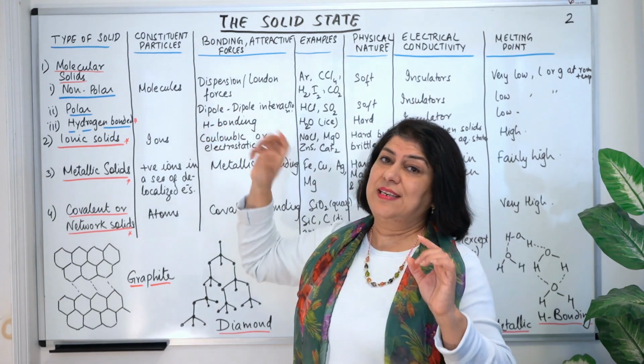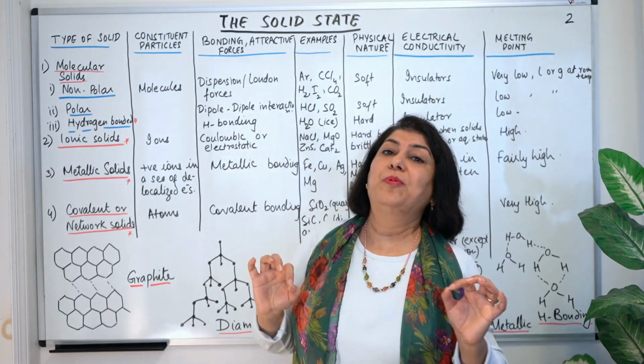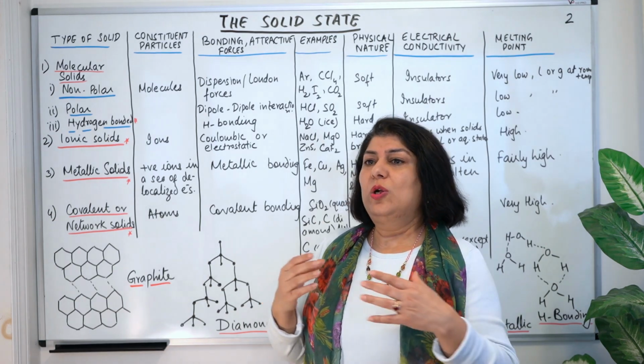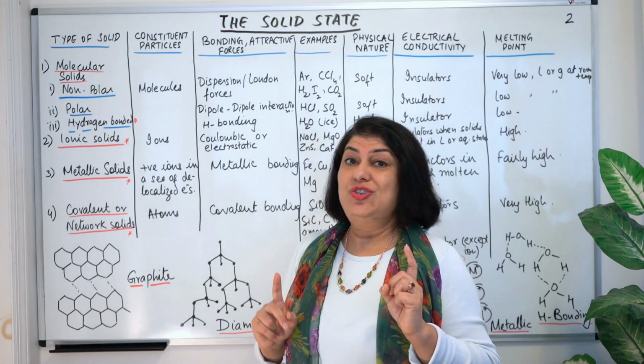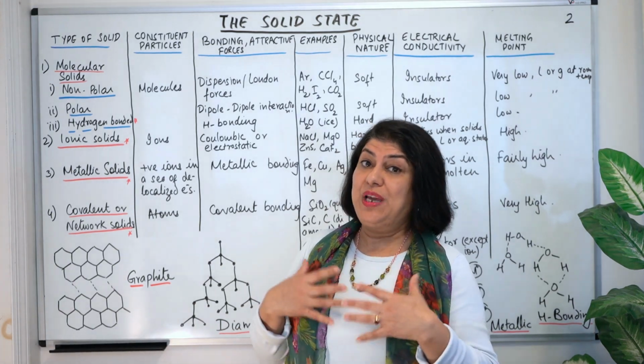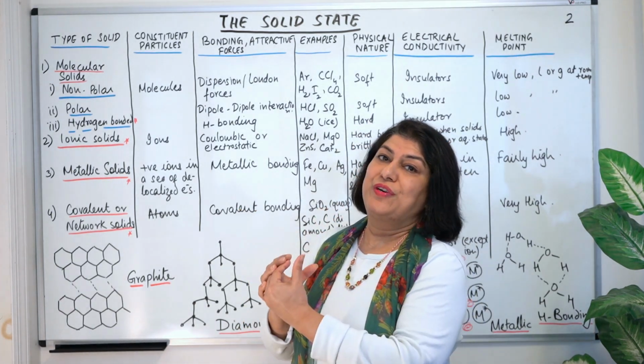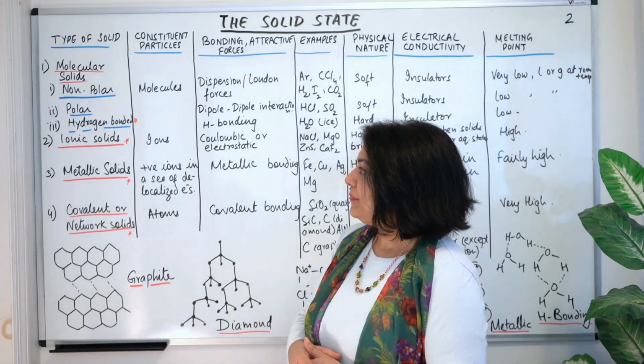It is a very strong kind of a dipole interaction, and that is why, although it is just an attraction, we call it a bond. It is not an actual bond, yet we call it a bond because the force of attraction is stronger.